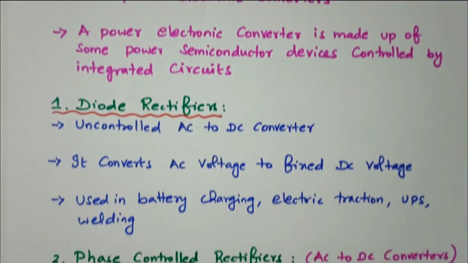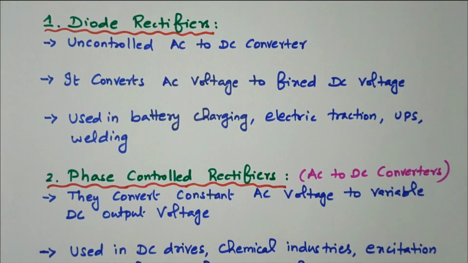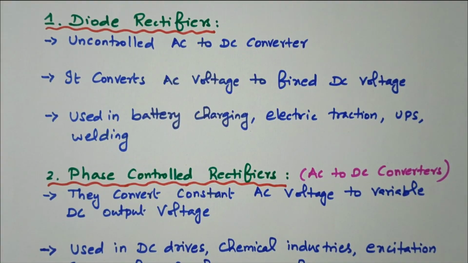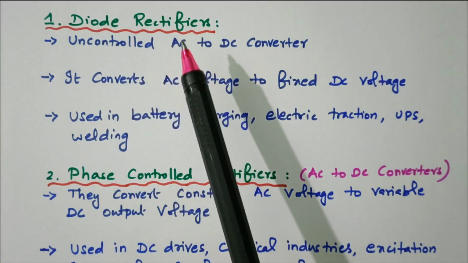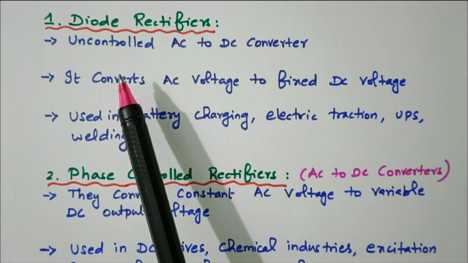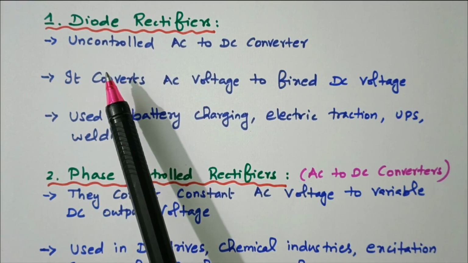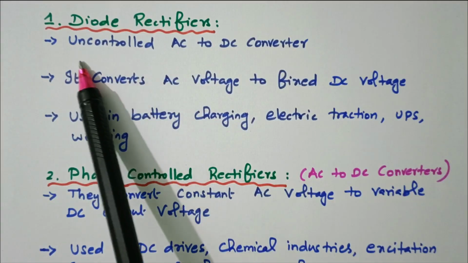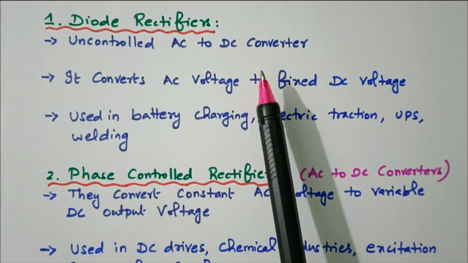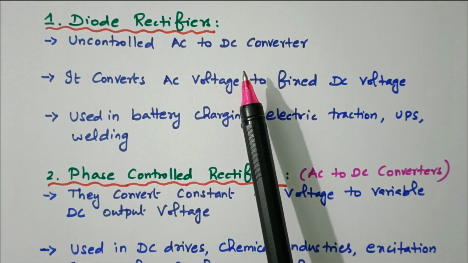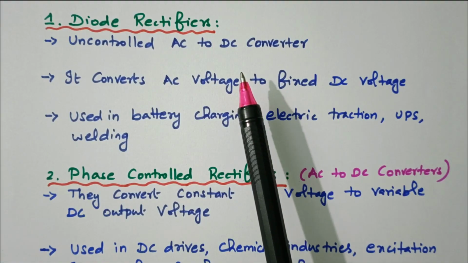The first one is the diode rectifier. While using a diode, we can go for rectification, AC to DC. While using the diode, we cannot control the output. We can convert AC to DC. Uncontrolled is called an uncontrolled AC to DC converter. While using a thyristor, using the gate terminal, using firing, we can control the output.